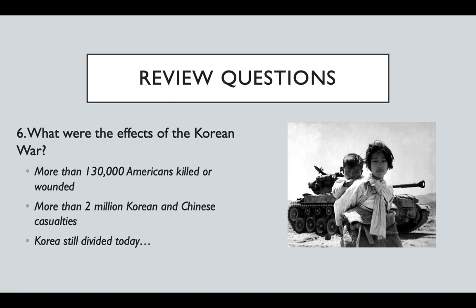In fact, relations between the United States and North Korea still have tensions they're trying to work out. As of last week, Trump sat down with Kim Jong-un and they tried to come up with some agreements and end the Korean War. It didn't work out and Trump came home early. So we still have tensions based on this conflict that occurred more than 60 years ago.